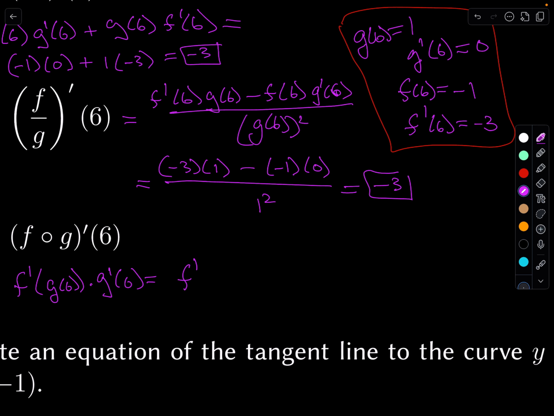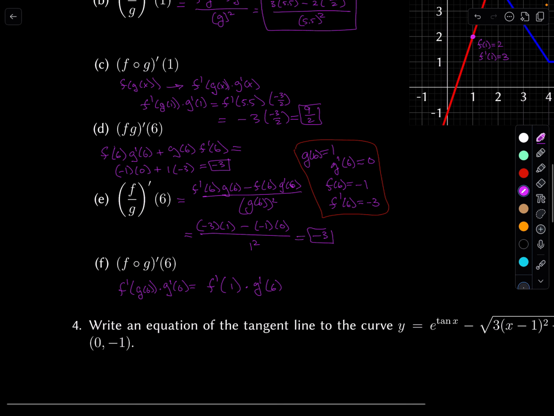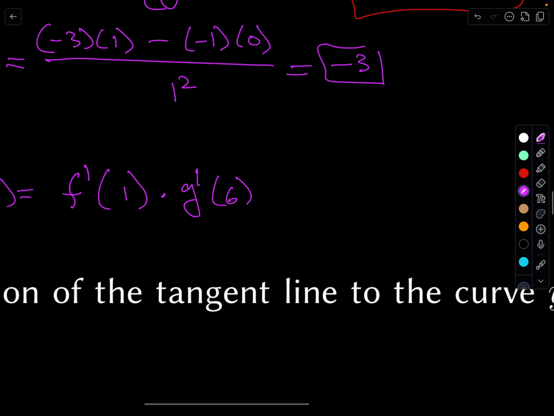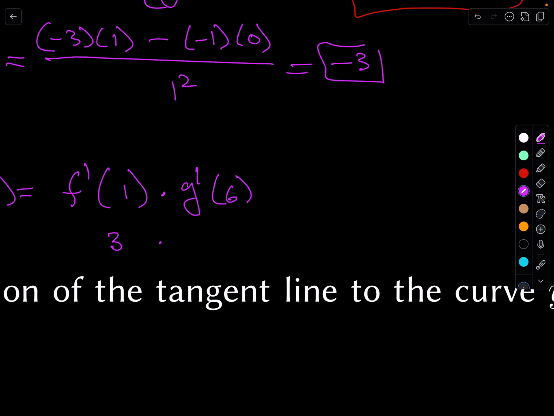So we want f prime of 1 times g prime of 6. f prime of 1 we did before, and that was 3. And g prime of 6 we did before, that's 0. So the final answer there is 0.